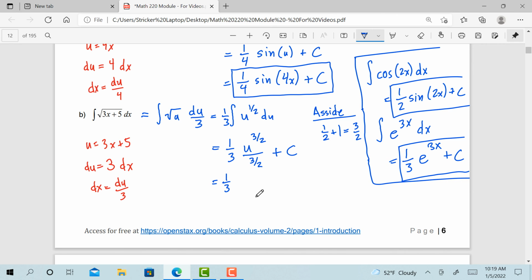So that's 1/3. Instead of dividing by 3/2, that's multiplying by 2/3. We have u to the 3/2 plus c. We can simplify this. 1/3 times 2/3 is 2/9. And then we can back substitute that u is equal to 3x plus 5, raised to the 3/2 power plus c. There's your final answer.